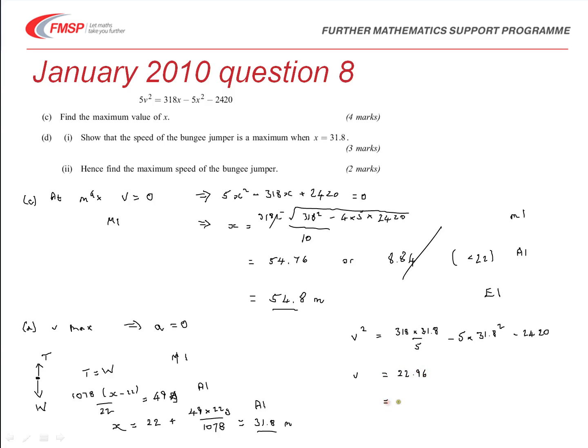In other words, near enough, 23.0 meters per second. That would be to 3 significant figures.